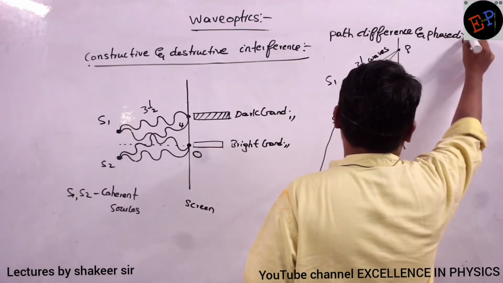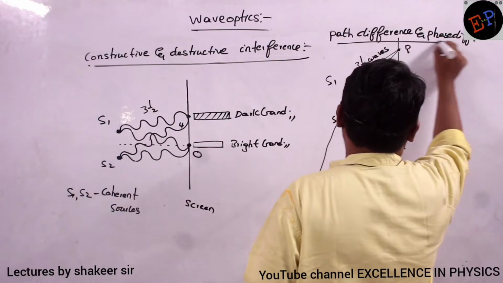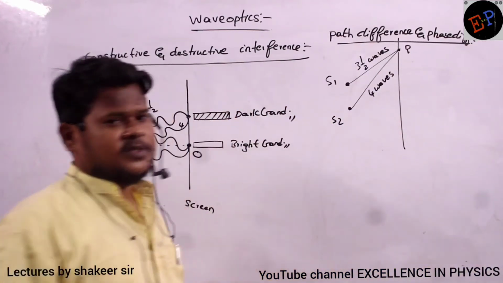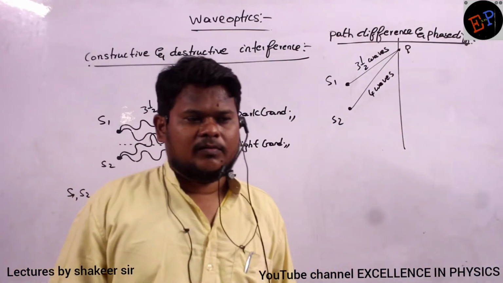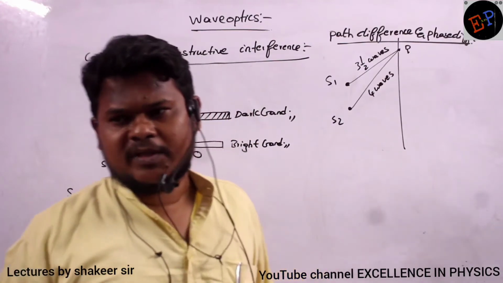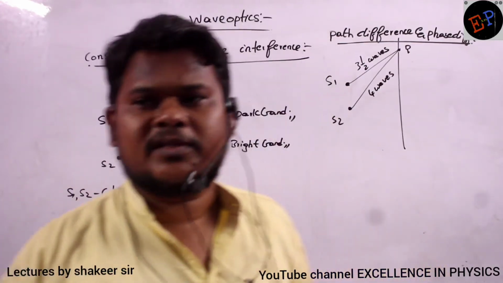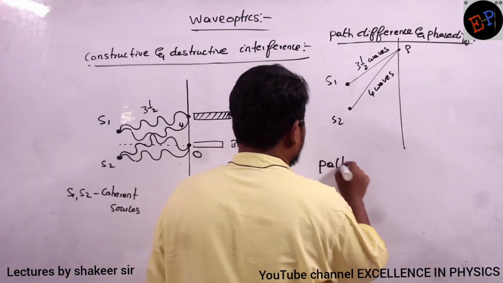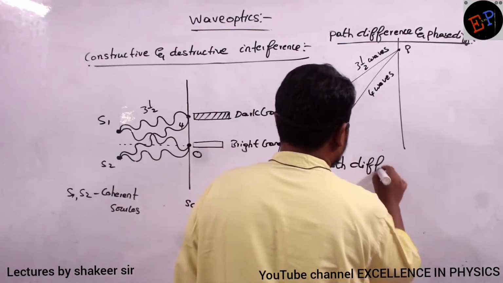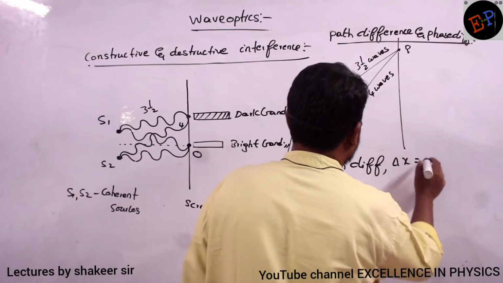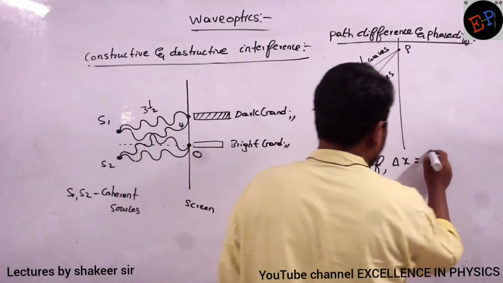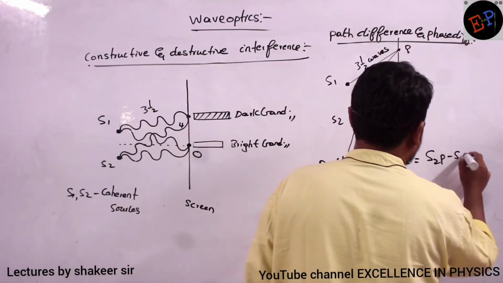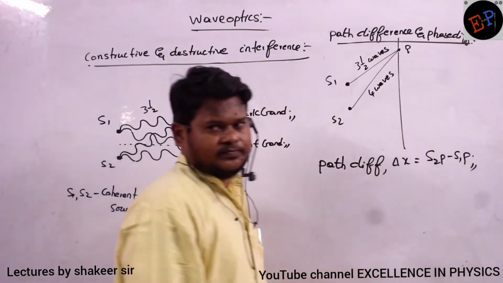So what is meant by path difference? Path difference means the difference in distance traveled by the sources of light. That is called path difference. So how can I calculate path difference? Path difference delta x is equal to S2P minus S1P. I can just calculate like this.